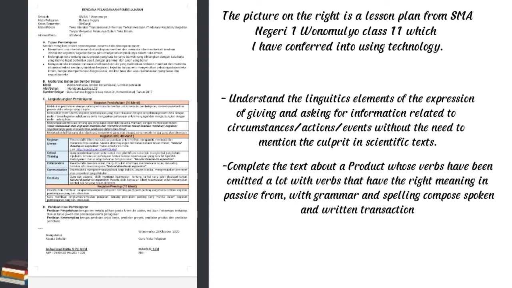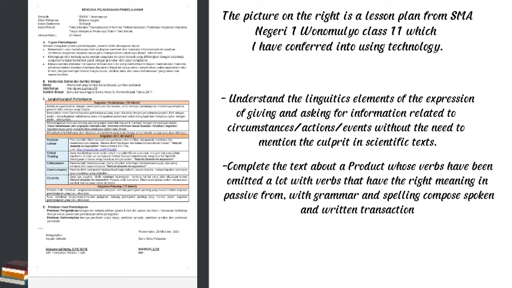The picture on the right is a lesson plan from SMA Negeri 1 Class 11, which I have converted using technology.